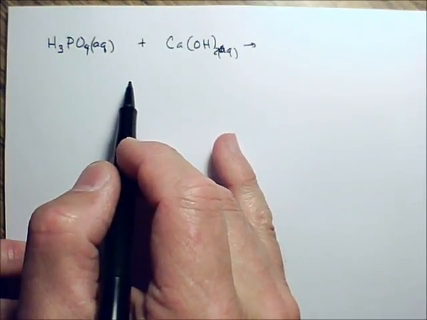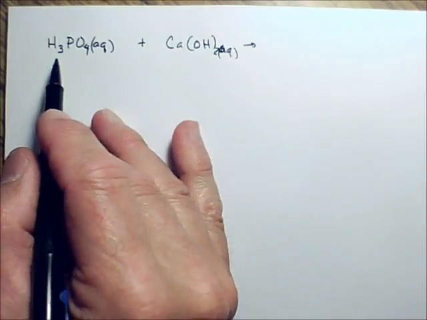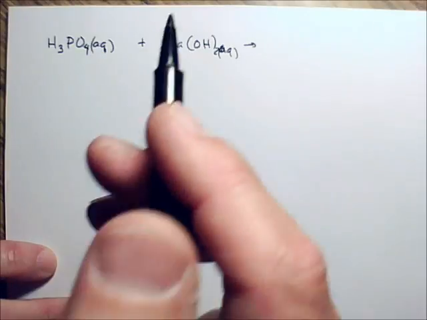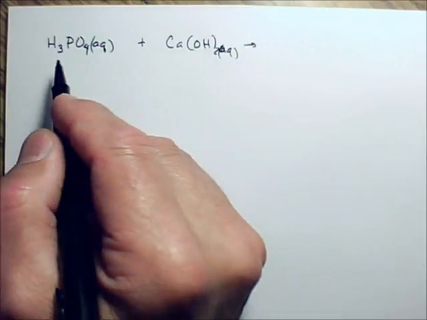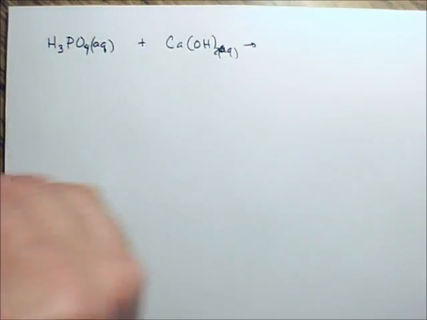A compound that contains a polyatomic ion is ionic, except when there's hydrogen on the front. That makes it an acid. So it's acidic. Does everybody see that and agree with that?